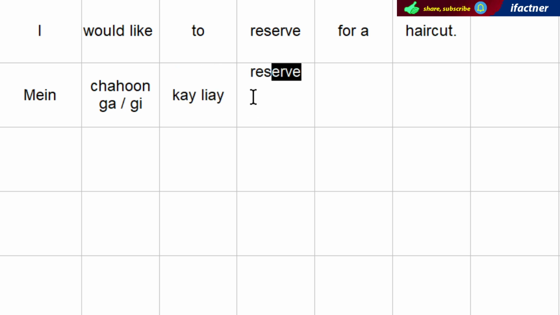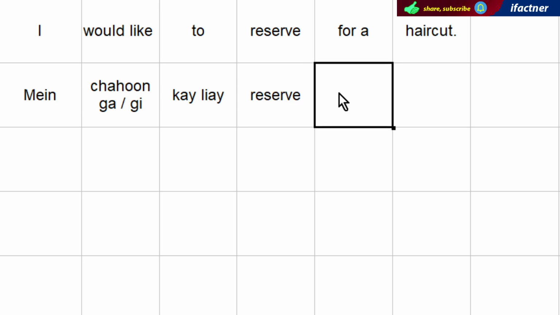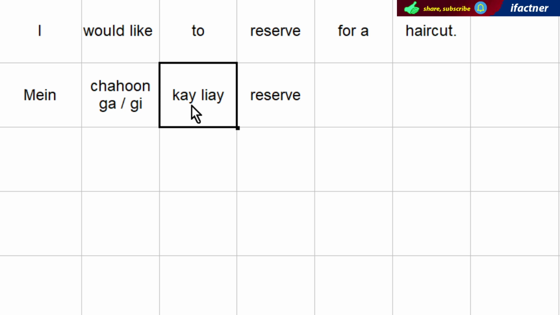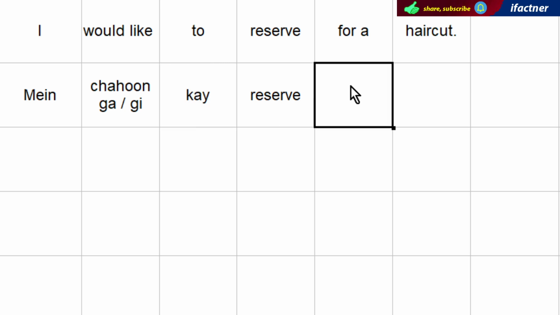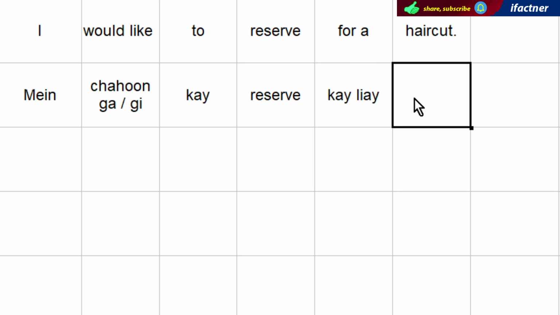Reserve is reserve. For a, to can be translated as के. For a can be translated as के लिए. Haircut can be बालों की cutting, but usually we can say haircut.